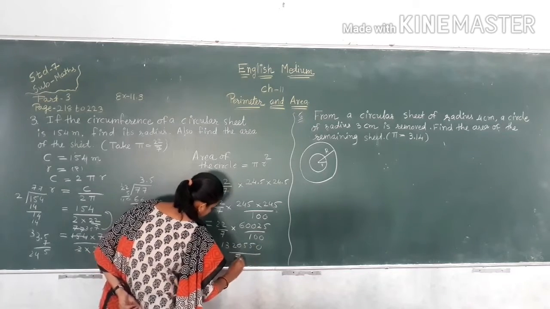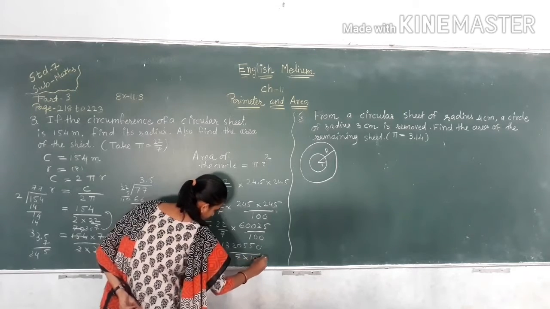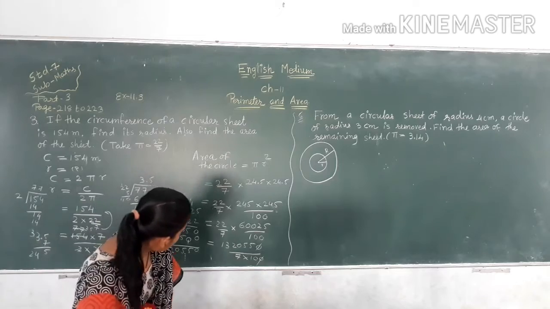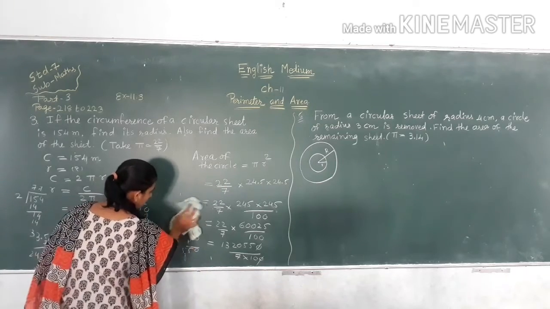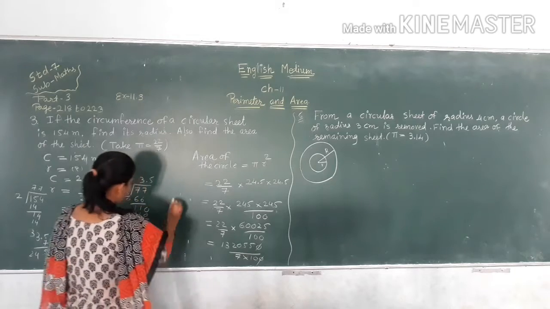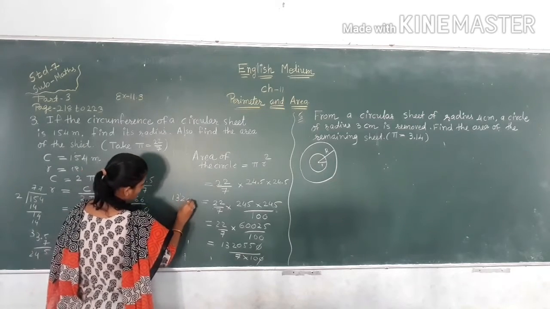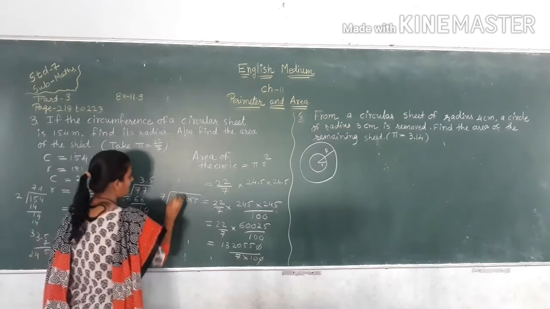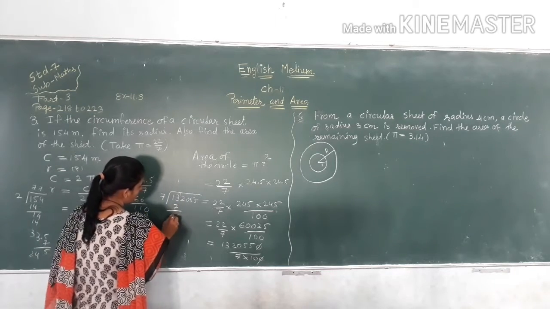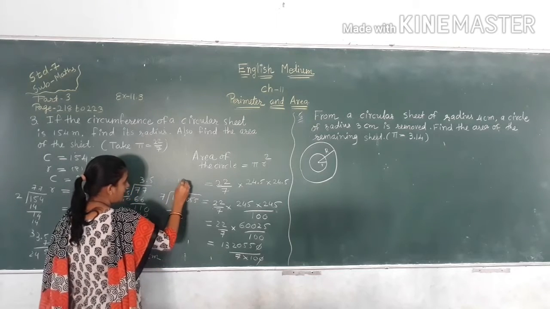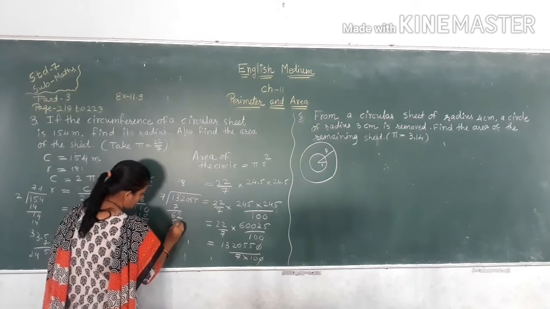Divide with 7 out of 100. 10 cut, 10 cut. Now 132055 divide with 7. 7 ones are 7. Here 6 left and 2. 7 8s are 56.